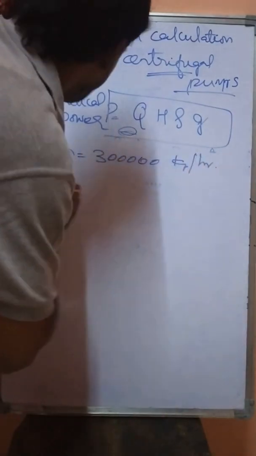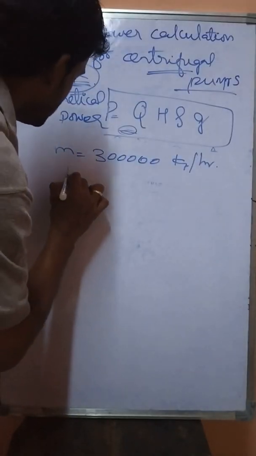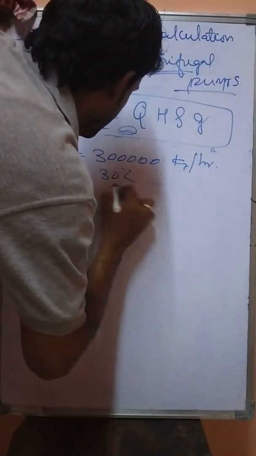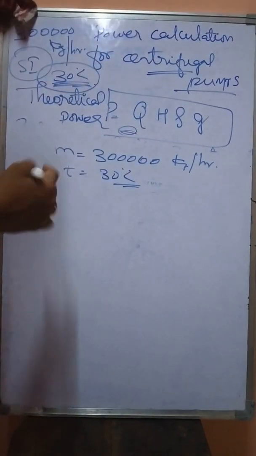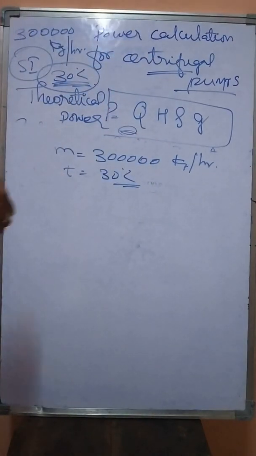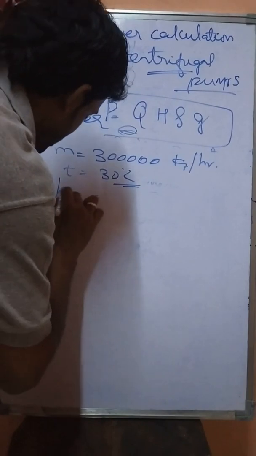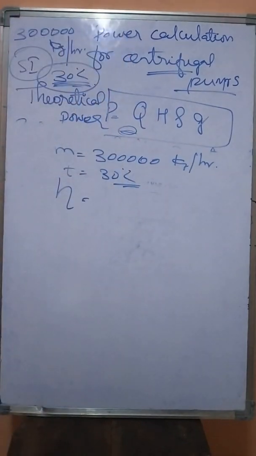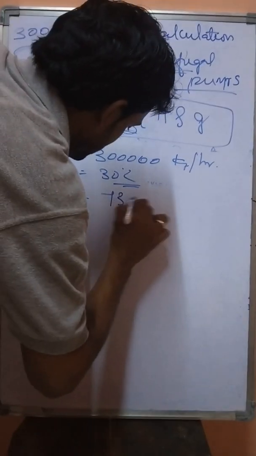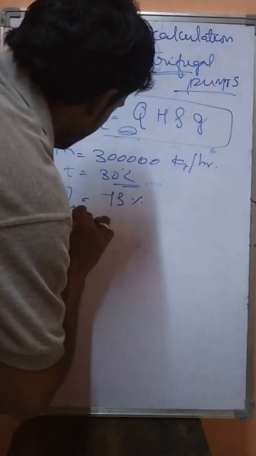This is mass flow rate, and temperature is 30 degrees Celsius, and say the pump has an efficiency of about 73%. This is efficiency of pump.